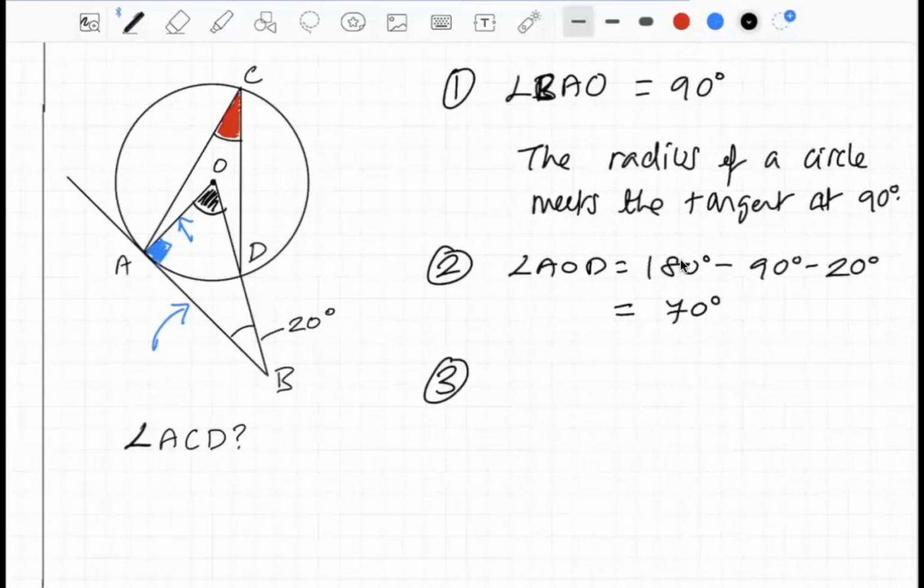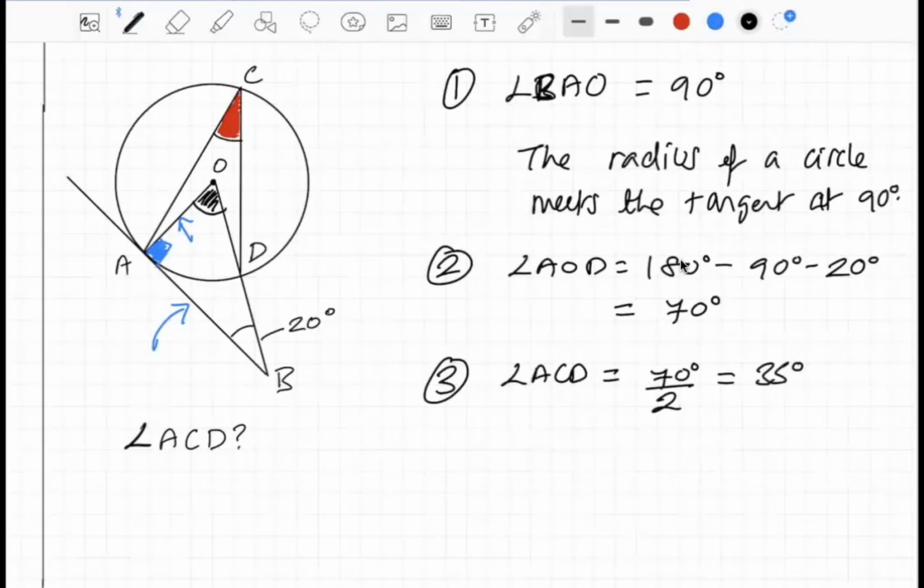And so the third thing I see is that angle ACD, which is what the question's asking us to figure out, is going to be 70 divided by 2, which is going to be 35 degrees. Why?